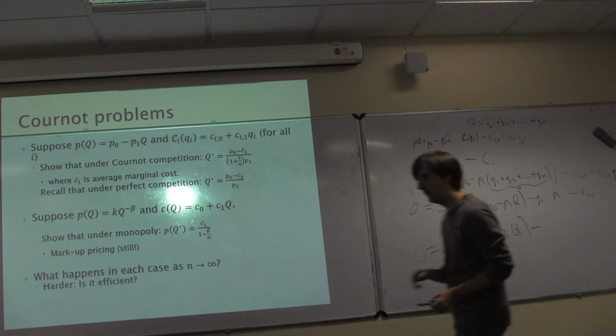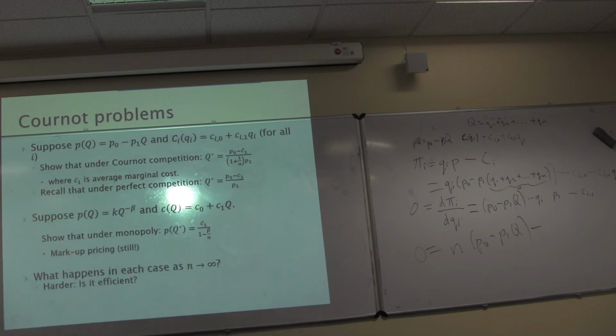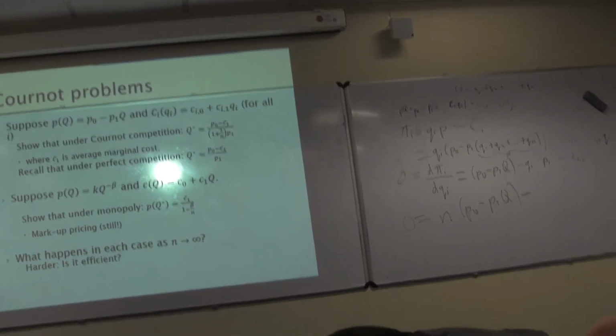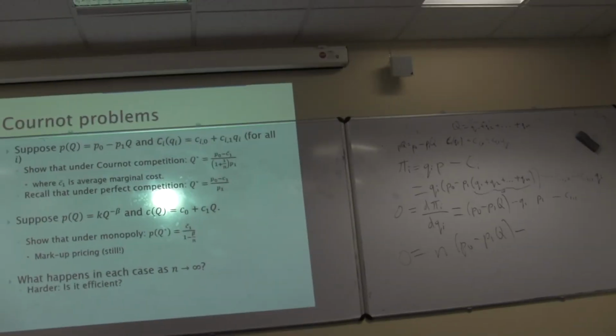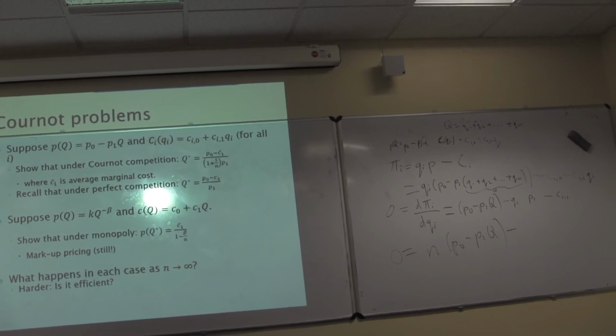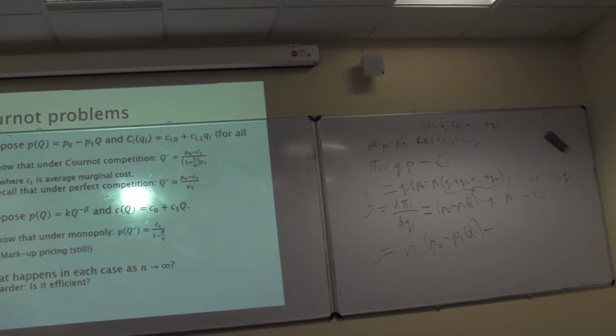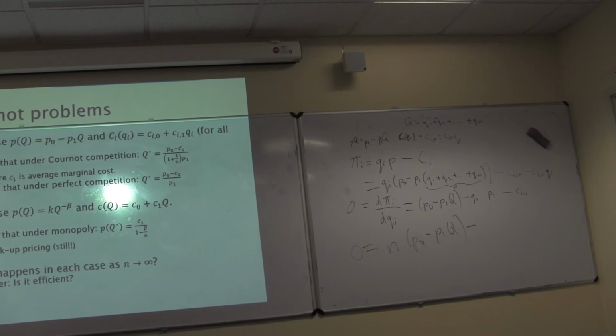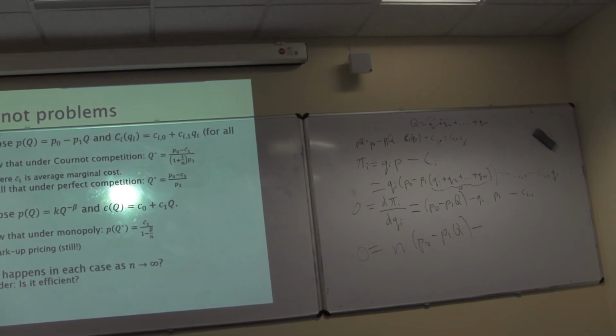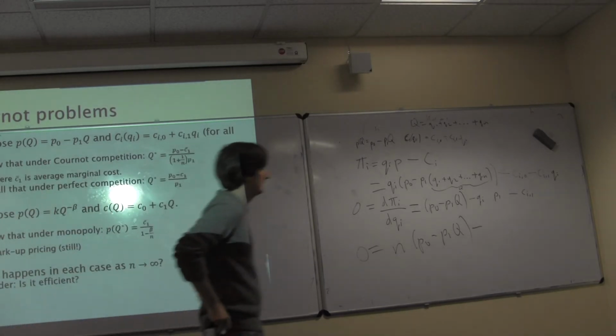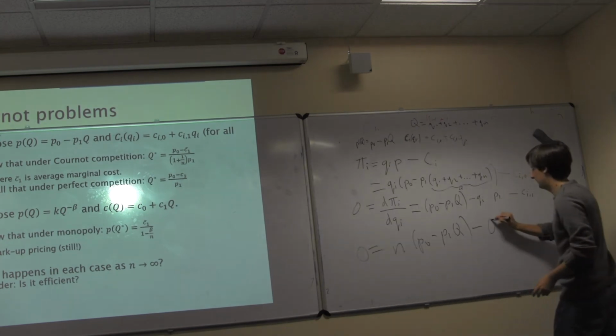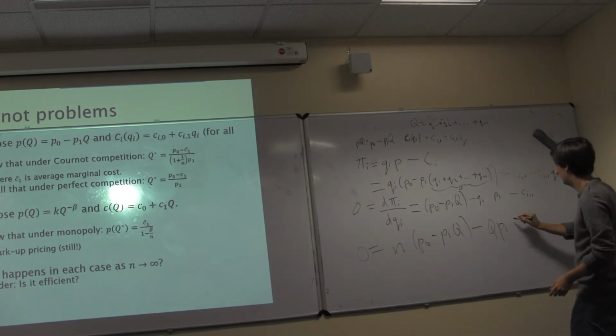So what happens to qi, as little qi, as you sum up? Big Q, yeah, exactly. So the sum of the little qi's is big Q. So this becomes minus big Q times P1.